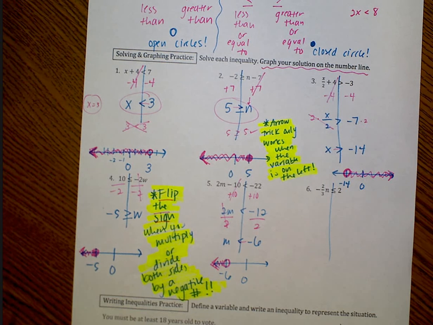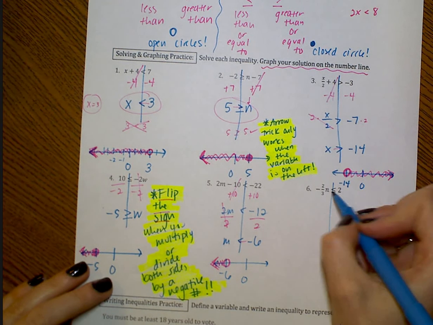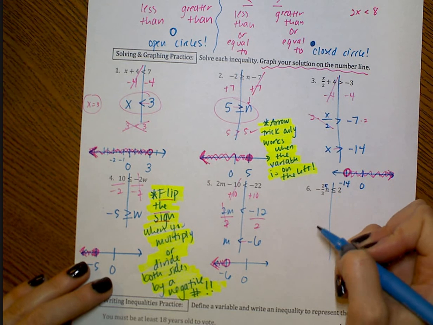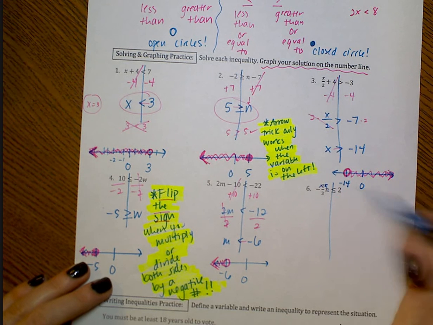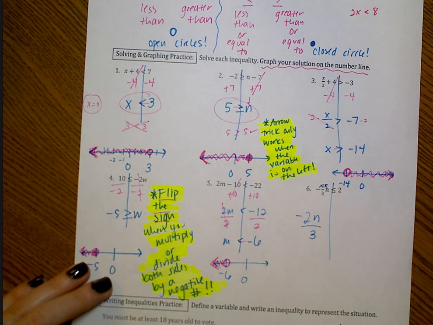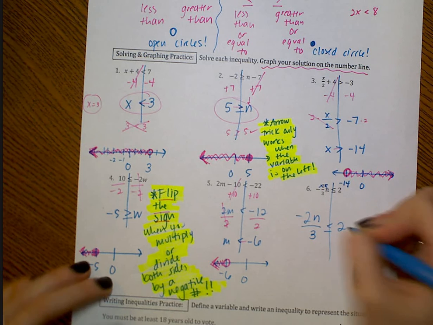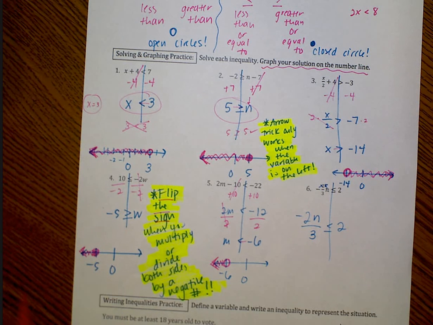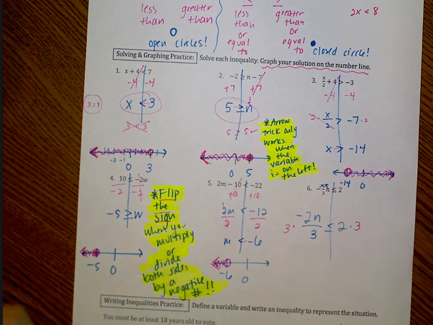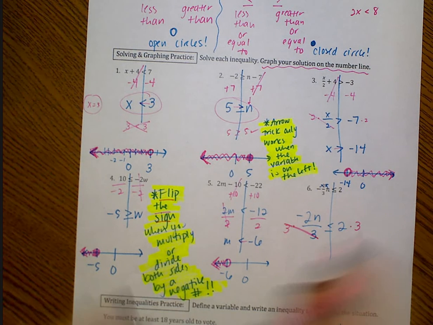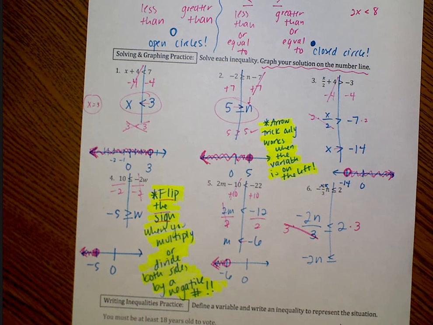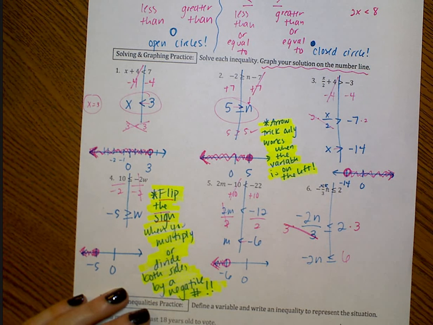Last one. I've been doing this all year so far. I don't like the fraction, so I'm going to put the n on top. I'm also going to put the negative on top and make the left side look like that. Maybe that helps you a little bit, kind of see what to do first. I'm going to take care of the 3, and I'm going to multiply by 3 on both sides. I get -2n is less than or equal to 6.